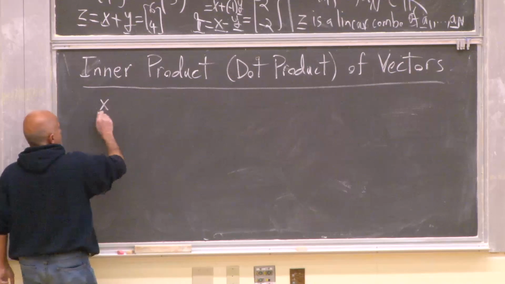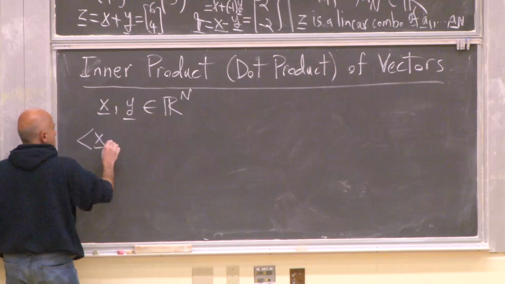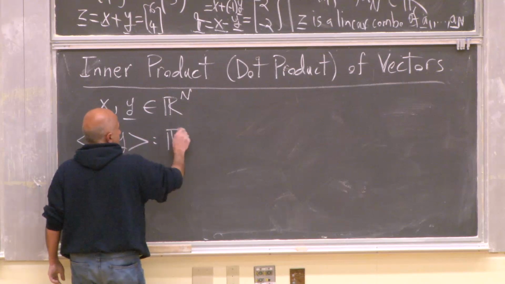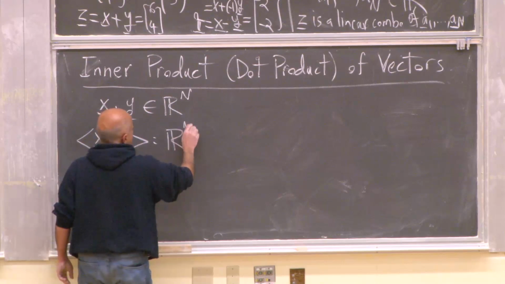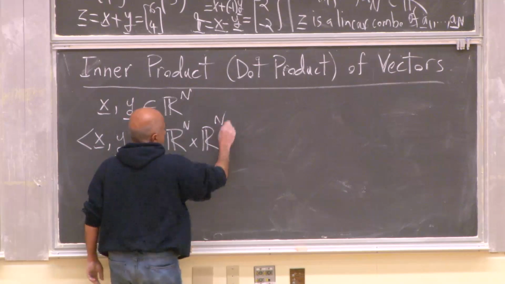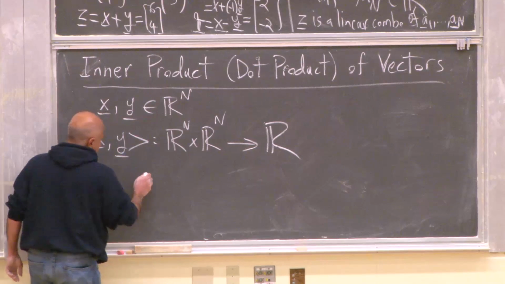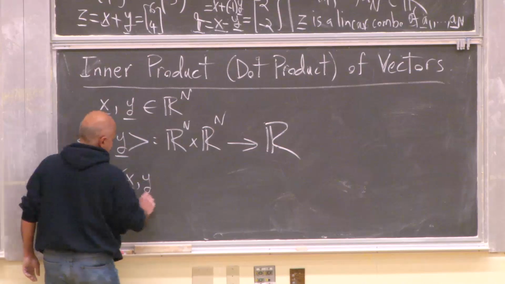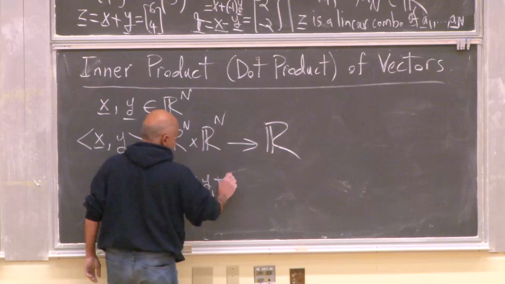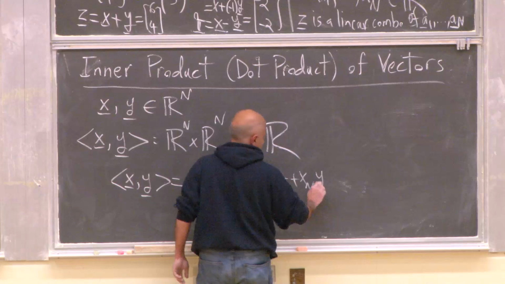But for now, let's take two vectors x and y that live in the same space. The inner product of x and y is a function from Rn by Rn to the scalars that is defined in this way: x1 y1 plus x2 y2 plus xn yn.